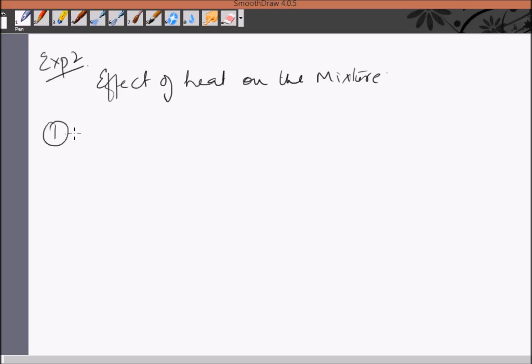In this experiment we observe only one substance, which means it is a homogeneous composition. Why?